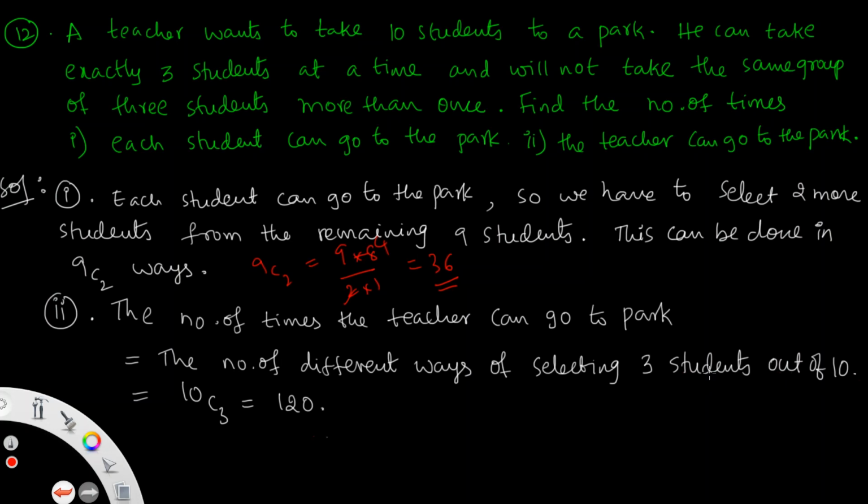Then it can be done in 10C3. This means 10 into 9 into 8 divided by 3 into 2 into 1, so that is 120 ways. This is the answer. So this is question number 12. Then go to question number 13.